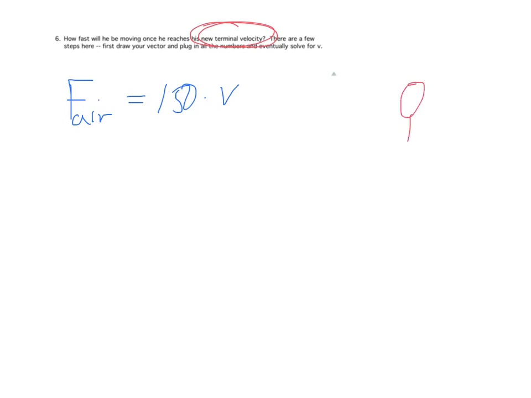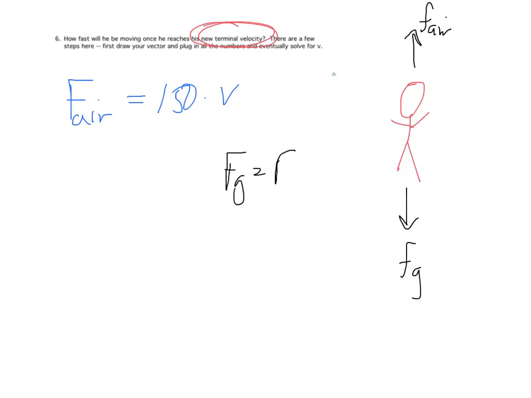That if you have a terminal velocity, your force due to gravity is equivalent to the force due to air. So in that case, we know that our force due to air is going to be 1,000. It's just his weight.